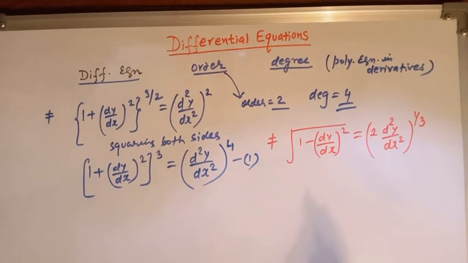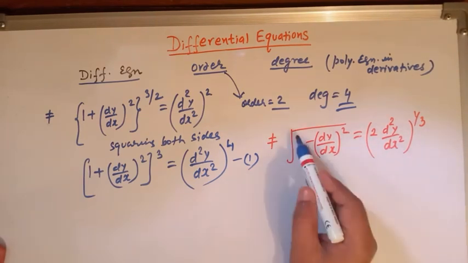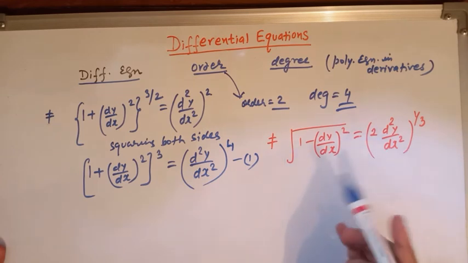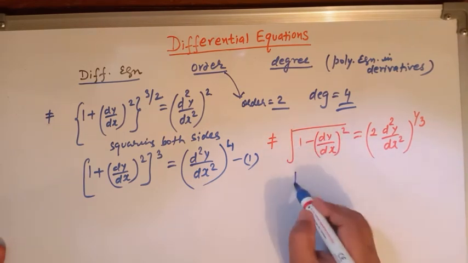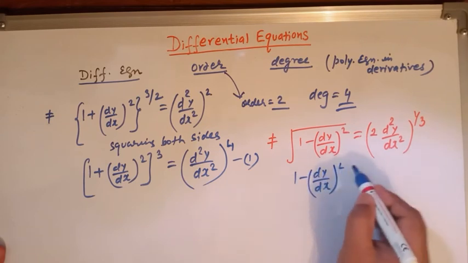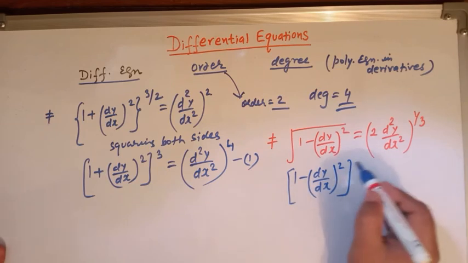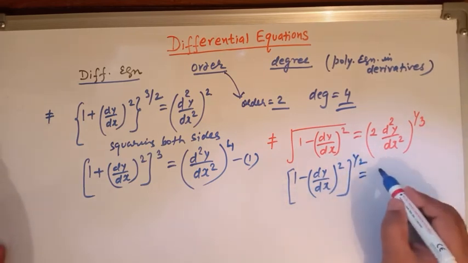Now viewers, let us take one more example. Here we have to find the order and degree of this differential equation. Now here this differential equation has the radical sign, and that is we have the power as 1 by 2. Here we have 1 by 2, and here we have 1 by 3.